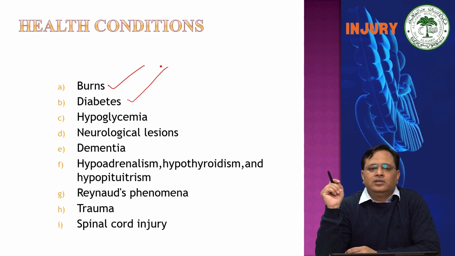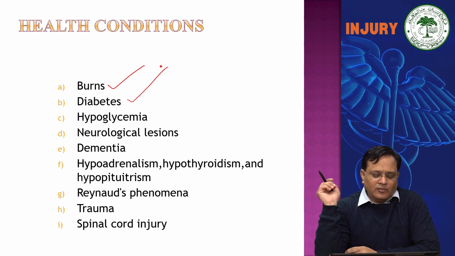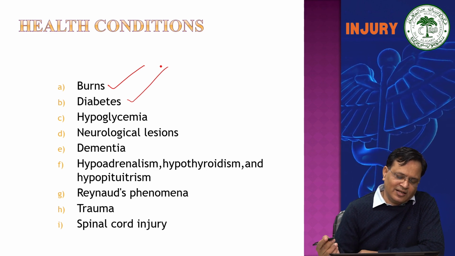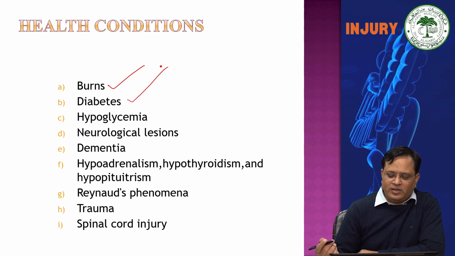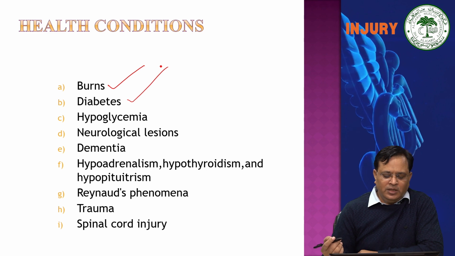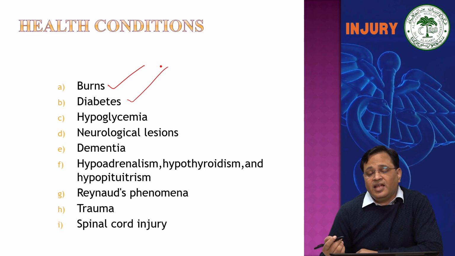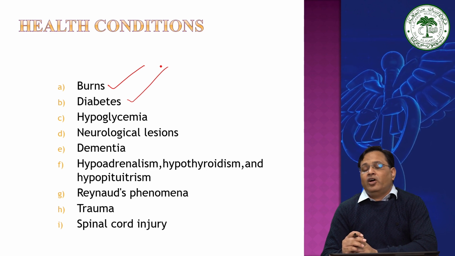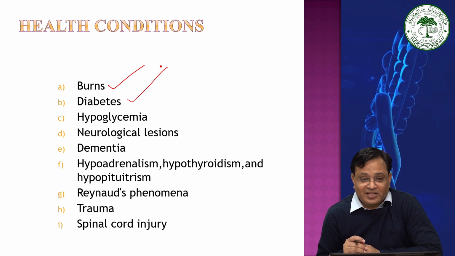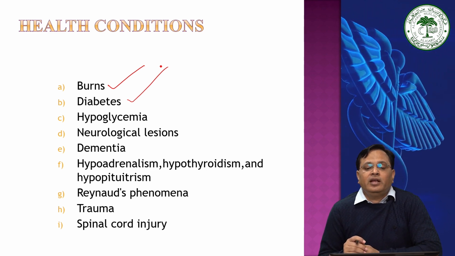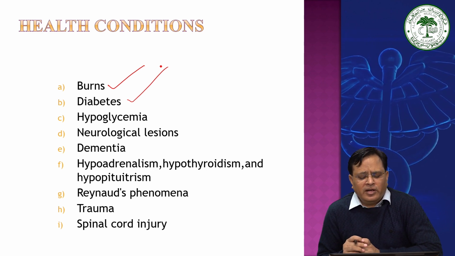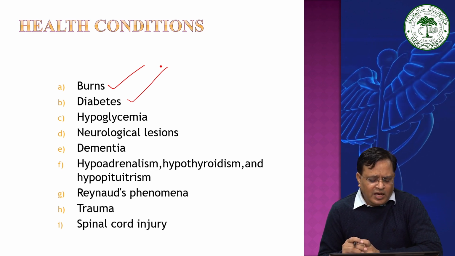Hypoglycemia can cause hypothermia. Neurological lesions in the hypothalamus can disturb the equilibrium. Dementia is another: forgetfulness means a person may not be aware of the surrounding temperature, of wearing clothes, or of other factors.